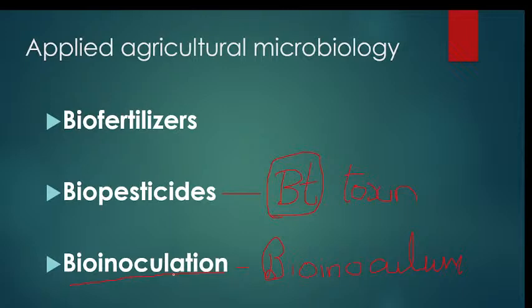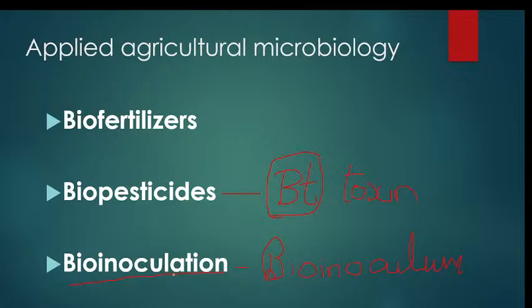Either nitrogen-fixing bacteria can be given, or microbes having biodegradable capacity are also given, and that is known as bioinoculum. It is a small culture containing microbes capable of initiating the multiplication of that group of microbes. In a small bottle, microbes will be given and they will multiply, increase in number and work efficiently on the agriculture field or on the biocompost, depending on the application.